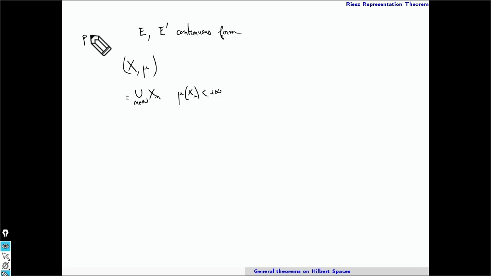For p a real number greater than 1, we can consider the spaces of L^p functions, so functions with values in R or C that are integrable, whose power p of the modulus, or absolute value, has a finite integral.